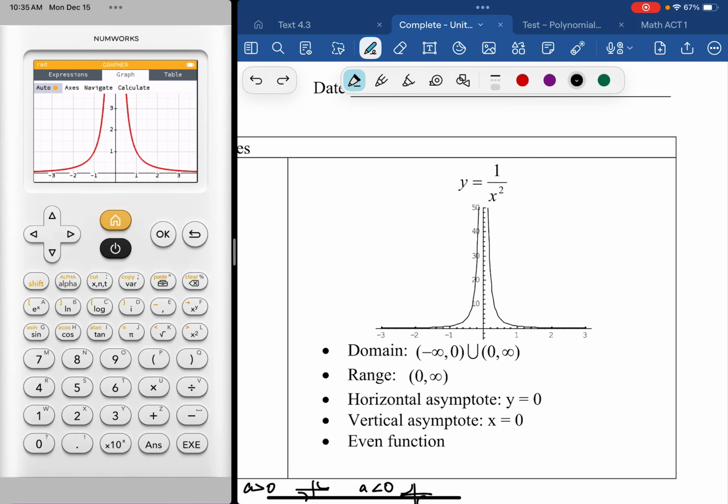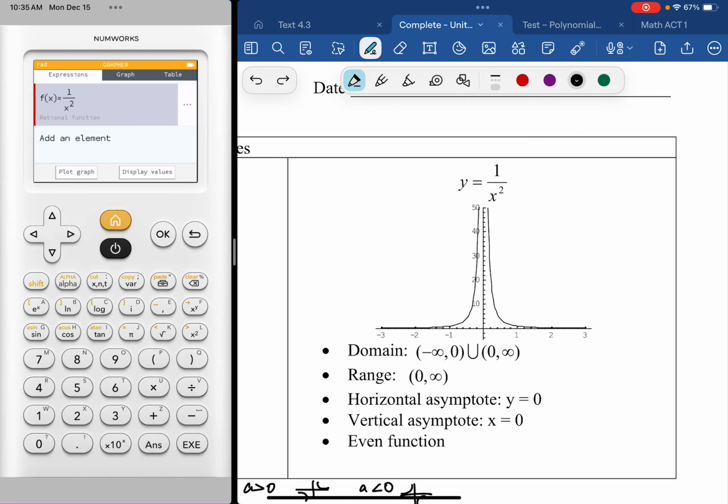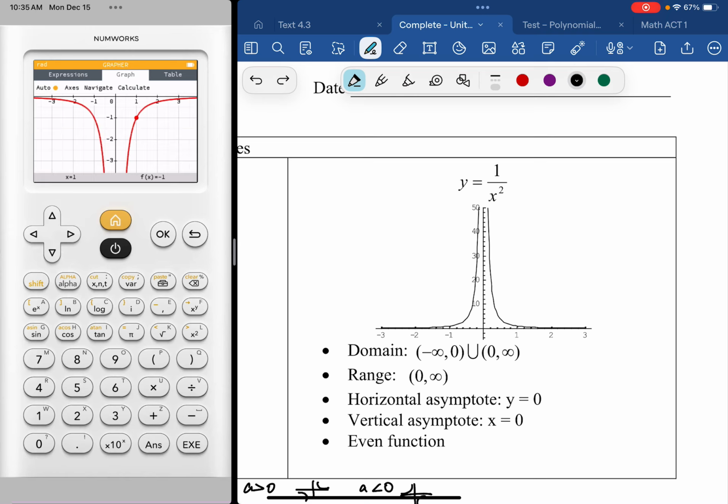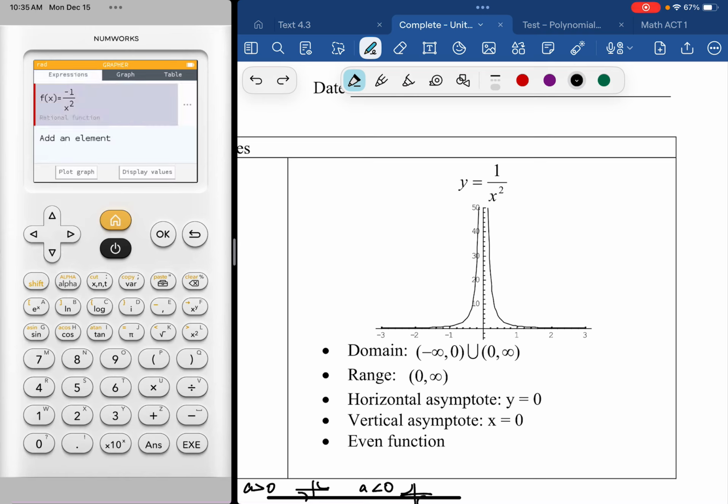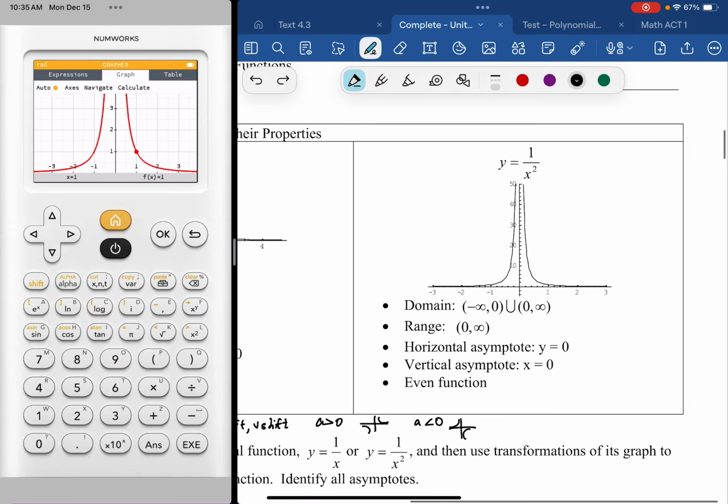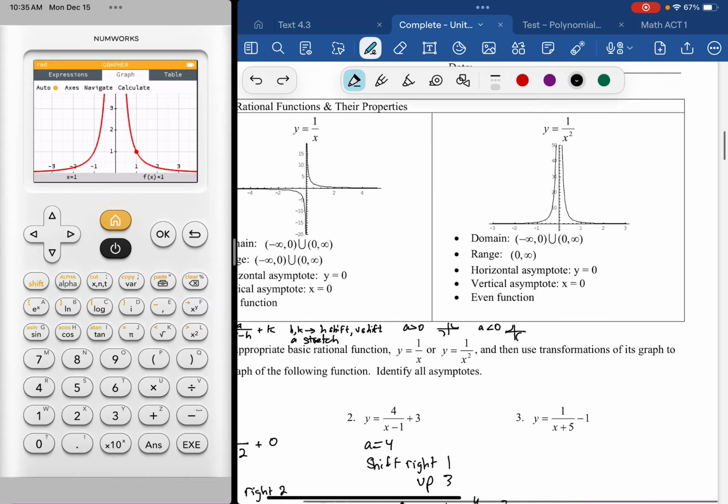If I want to see what -1 over x squared is, which is a reflection of that, I can pop that in. But this is what an ordinary 1 over x squared parent function would look like. Domain, range, asymptotes, and this one's an even function.